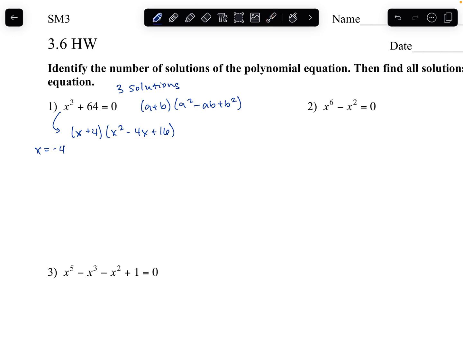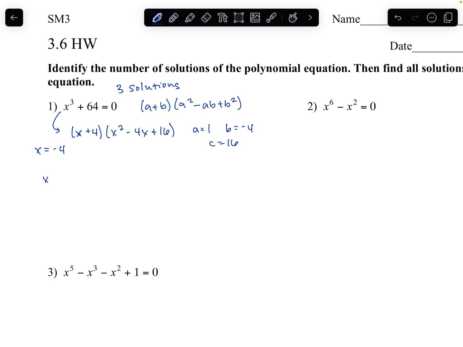So in this case, for the quadratic formula, we need to identify the coefficients. The first coefficient is 1. That's the coefficient of this term right here. The next coefficient is -4, and the third coefficient is positive 16. So this is what we're going to use for the quadratic formula.